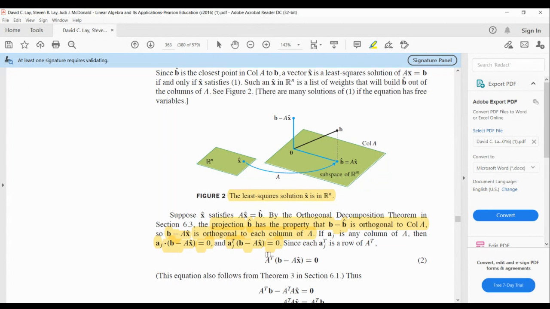Okay, so for every column vector of the matrix A, a_j transpose times b minus A x hat equals 0. Well, collectively speaking, since the matrix A consists of the column vectors, we could take the matrix A, transpose it with b minus A x hat, and get the 0 vector.